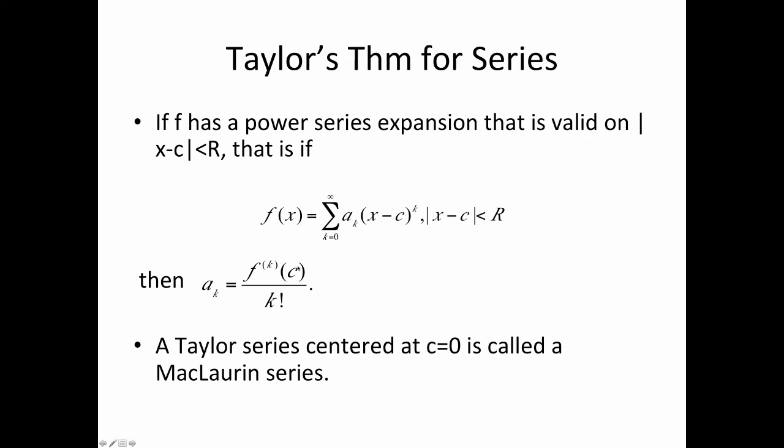So we're talking about finding the Taylor series of a function centered at a particular value. We find the coefficients by taking the derivatives, plugging in the center, and dividing by k factorial. Recall that a Maclaurin series is just a Taylor series centered at 0, which is what we will often use.